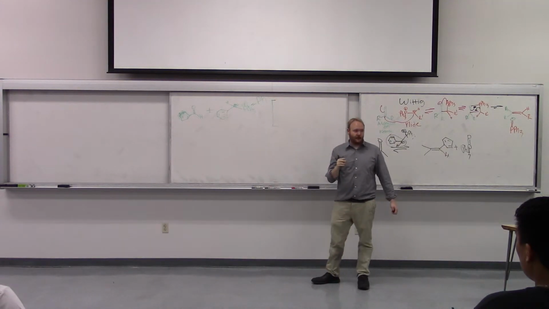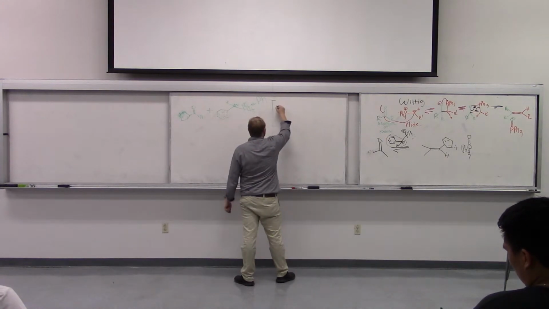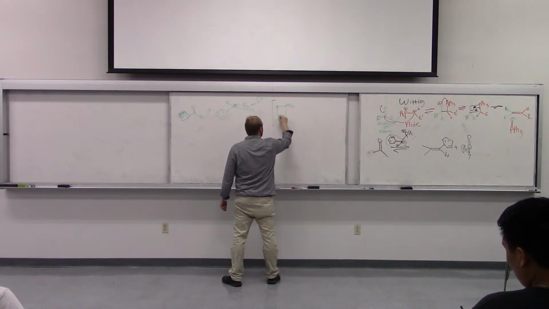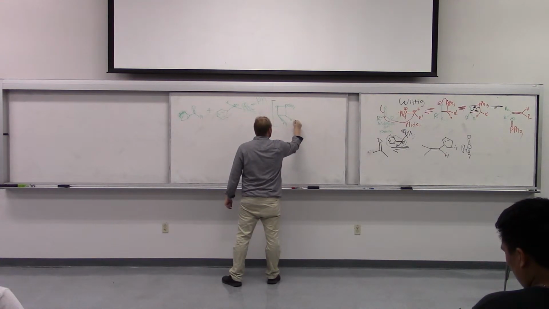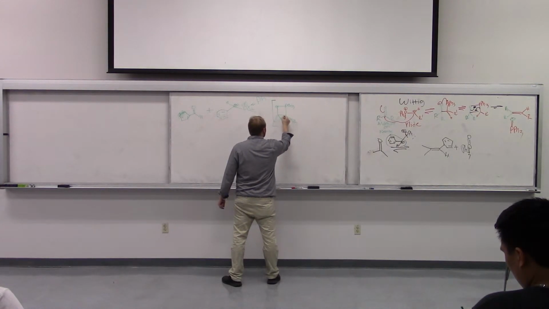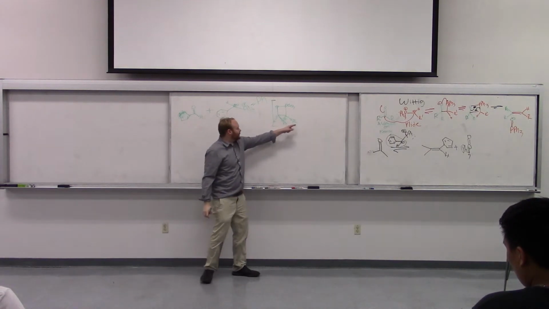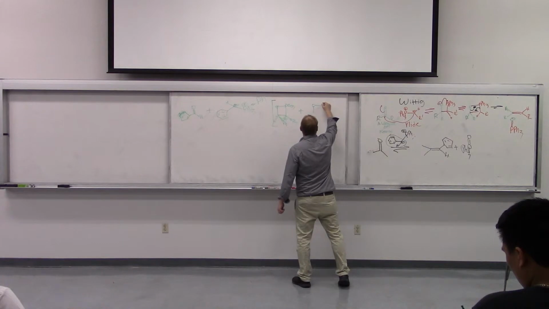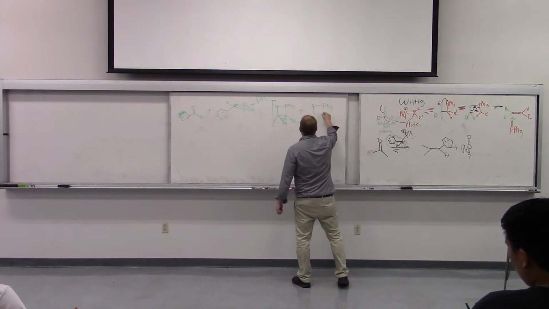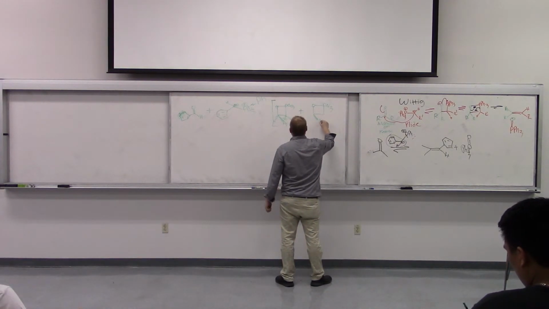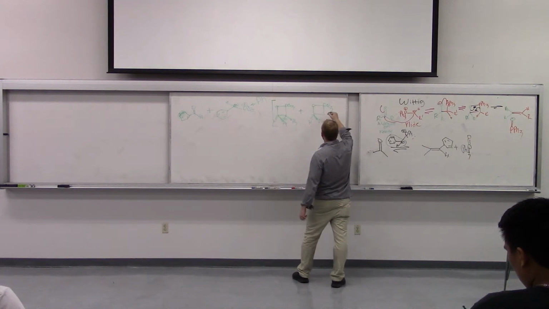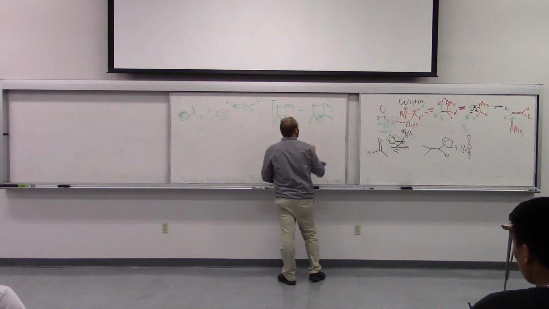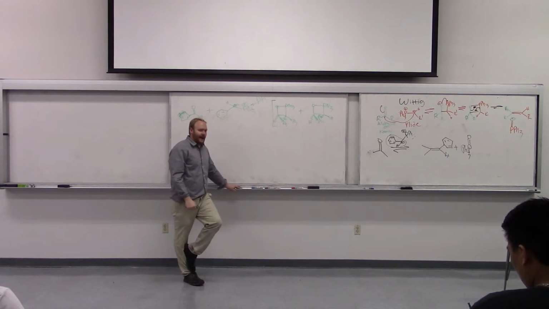Let me draw the two possible four-membered rings. We can have it where the phenyl groups are on the same side, or we can have it so the phenyl groups are trans to each other.